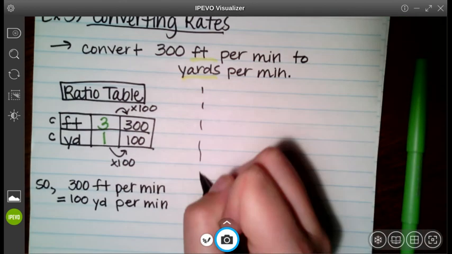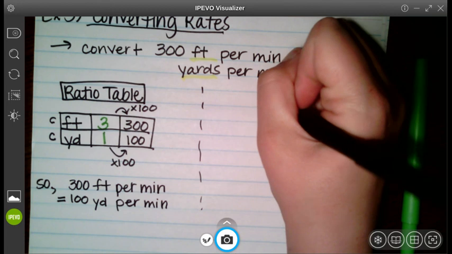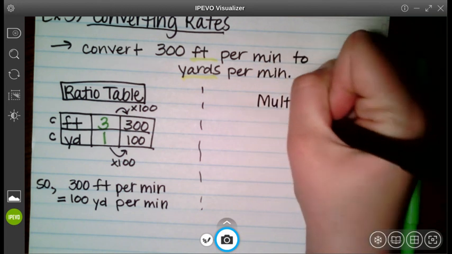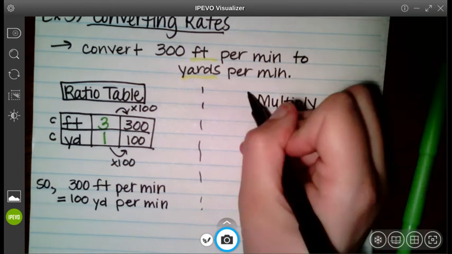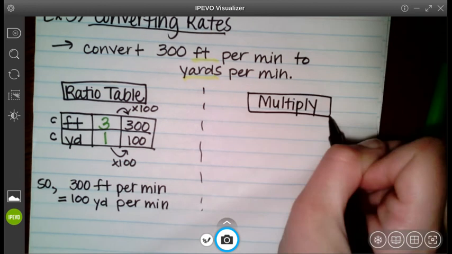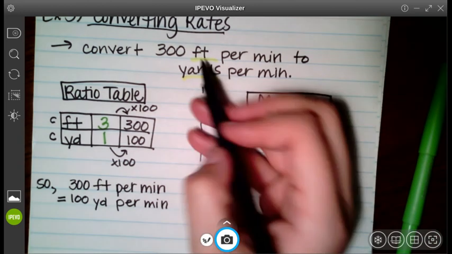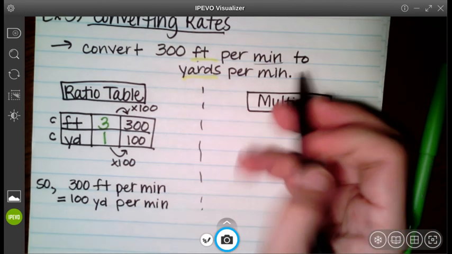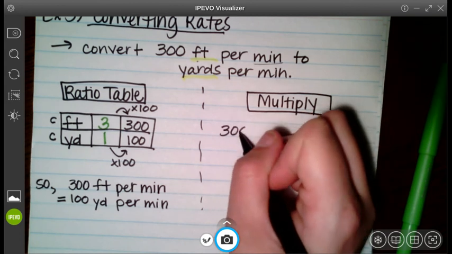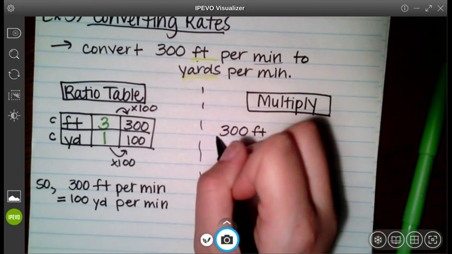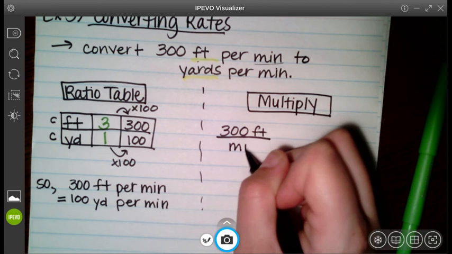Okay, I can also use my multiplying method by my conversion factor. So I write my given information, 300, but notice how I write it, feet per minute.